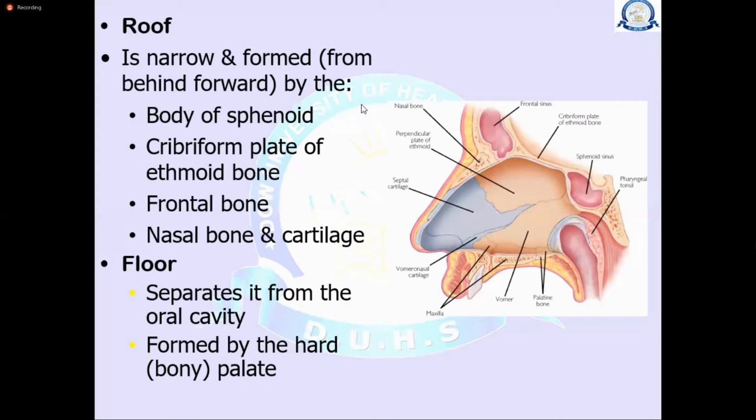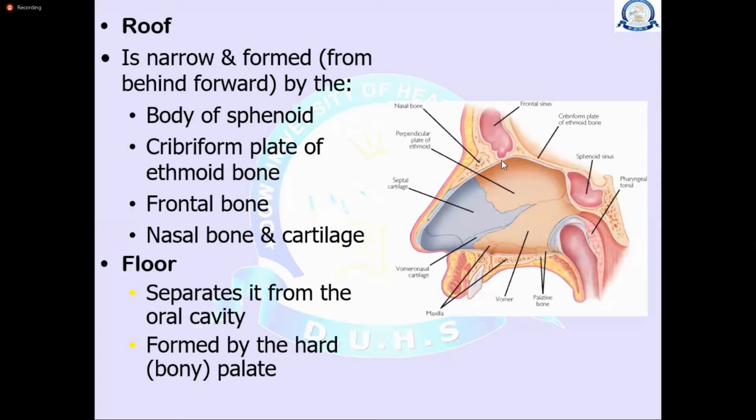The roof is formed by the frontonasal part. Either you start from anterior to posterior or from posterior to anterior. In this case, they have mentioned it from posterior to anterior, but I was going from anterior to posterior. Anteriorly you have the nasal bones, the nasal part of the frontal bone.